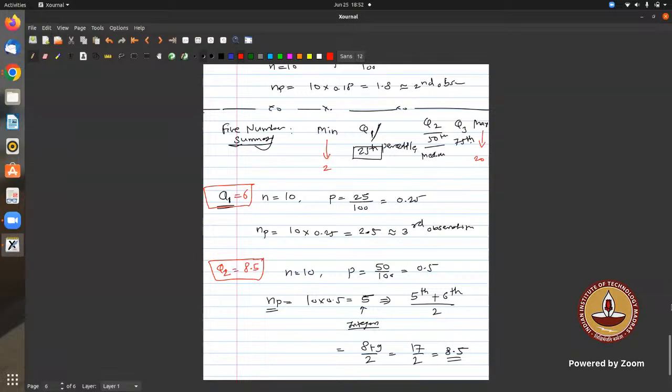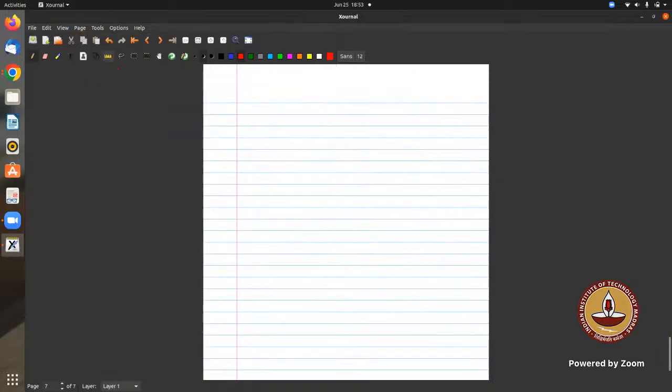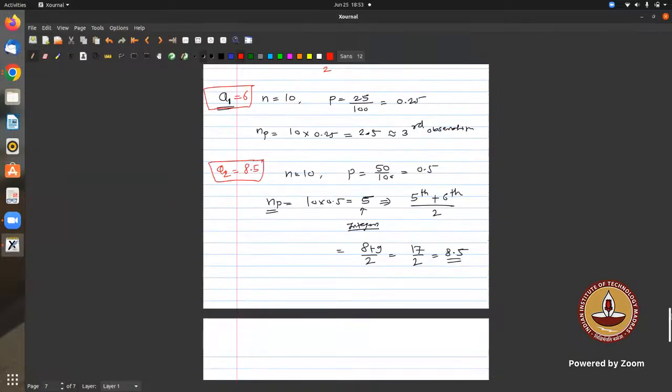About 8.5, we have 50% of the data below and 50% of the data above this value. That is the meaning of Q2.